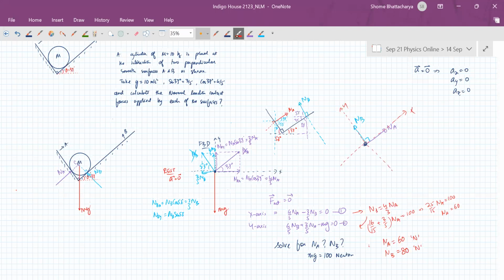Now mg can get resolved. Okay, so when we resolve mg, you can see that this angle will be 37 degrees. Sorry, this angle will be 53 degrees. No, sir, that is 37 only. No, see now. Acha, that is 37, correct.